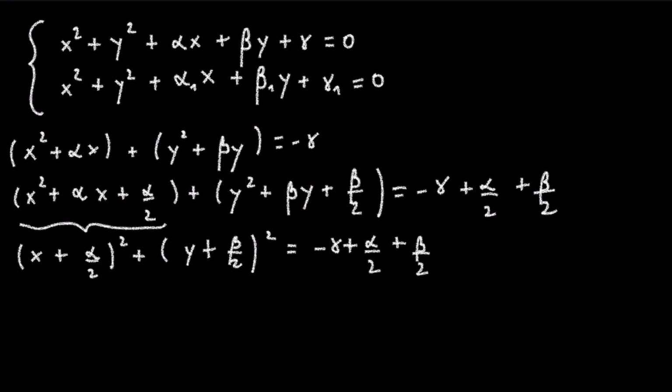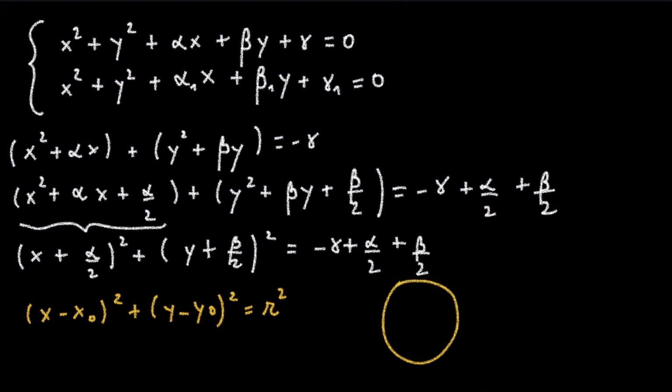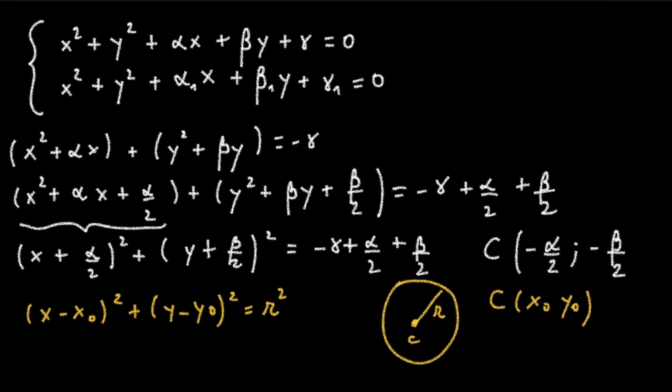We know that the standard equation of a circle is x minus x0 squared plus y minus y0 squared equals r squared, where r is the radius and the center of the circle C is identified by x0, y0. This tells us that in our case, the center of the circle is minus alpha divided by 2, minus beta divided by 2. We can repeat the same steps for the second equation.